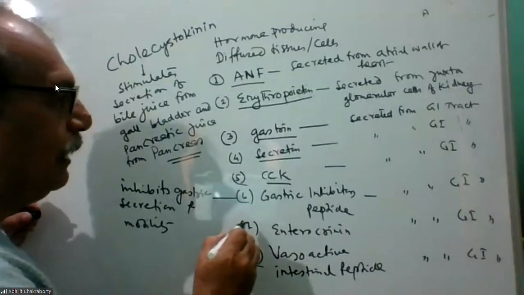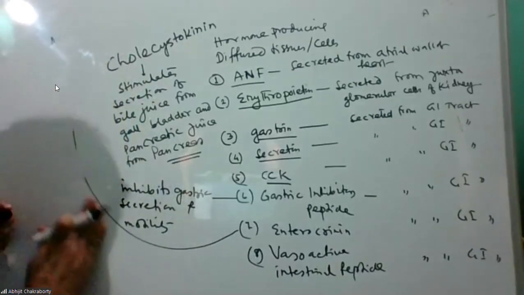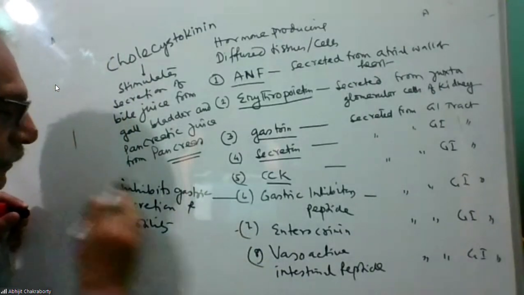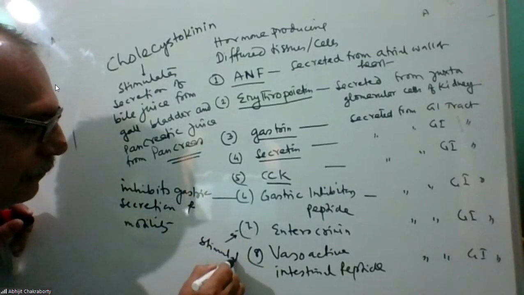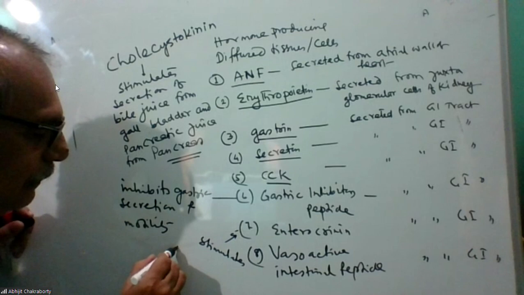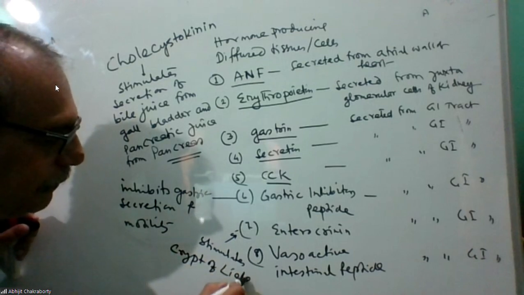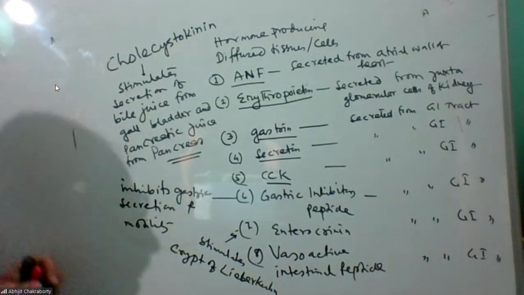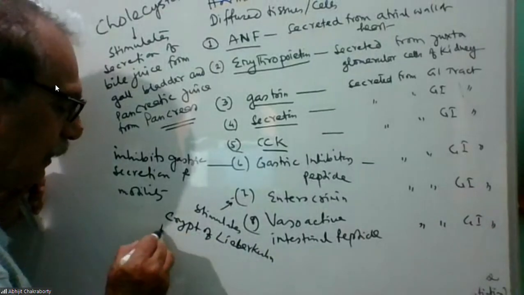Enterocrinin stimulates intestinal crypts of Lieberkuhn. Crypts of Lieberkuhn are nothing but the intestinal glands, to secrete succus entericus.